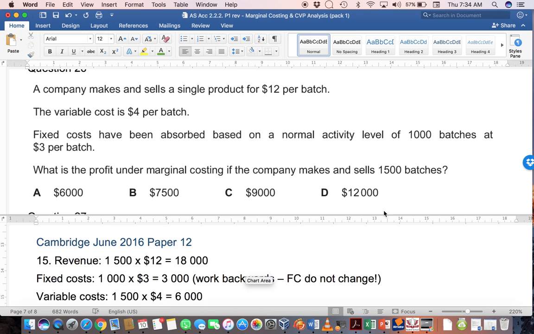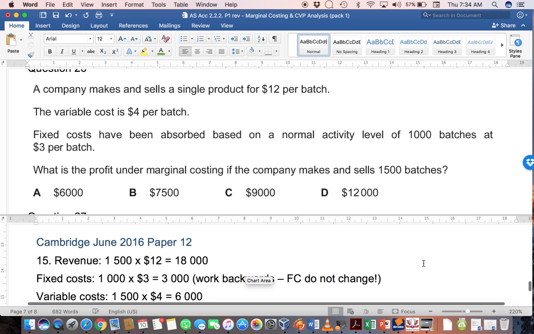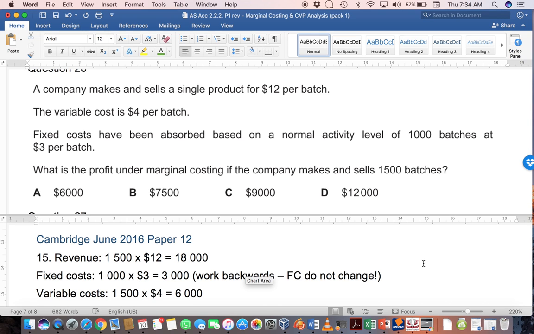Now, if we are using marginal costing, it means that we are taking into account what our variable costs are, but notice that we have absorbed the fixed costs into the 1,000 batches over here, and we need to take that into account in the way that we are calculating it. So we know that the revenue will be 1,500 because it's asking about 1,500 batches.